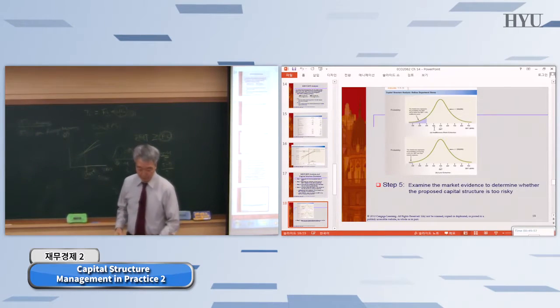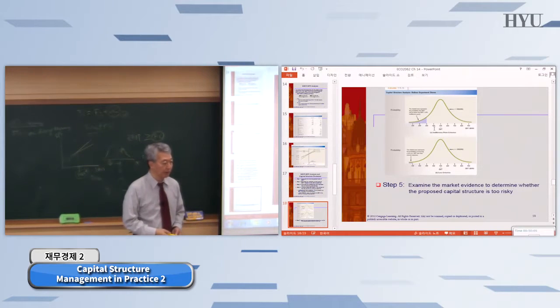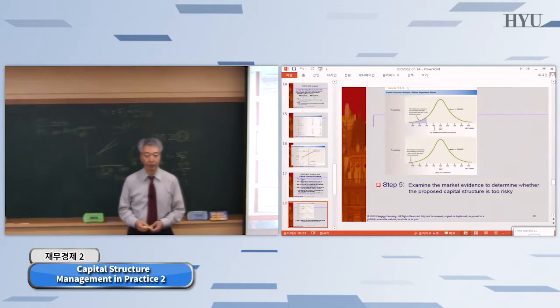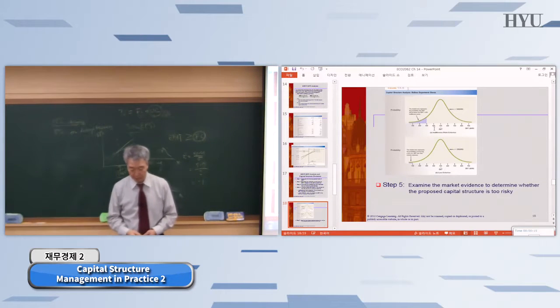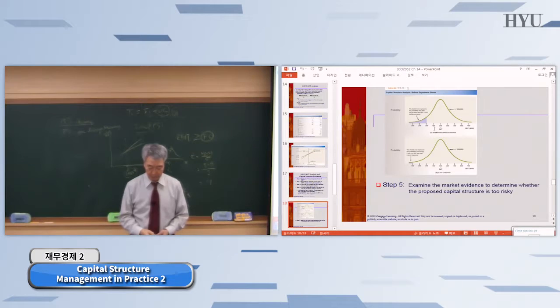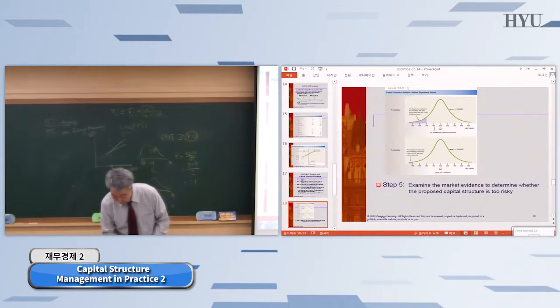So based on this distribution and assumption, assuming that this EBIT is normally distributed, and assuming the expected level of EBIT was 500,000 and the standard deviation was 200,000, right?